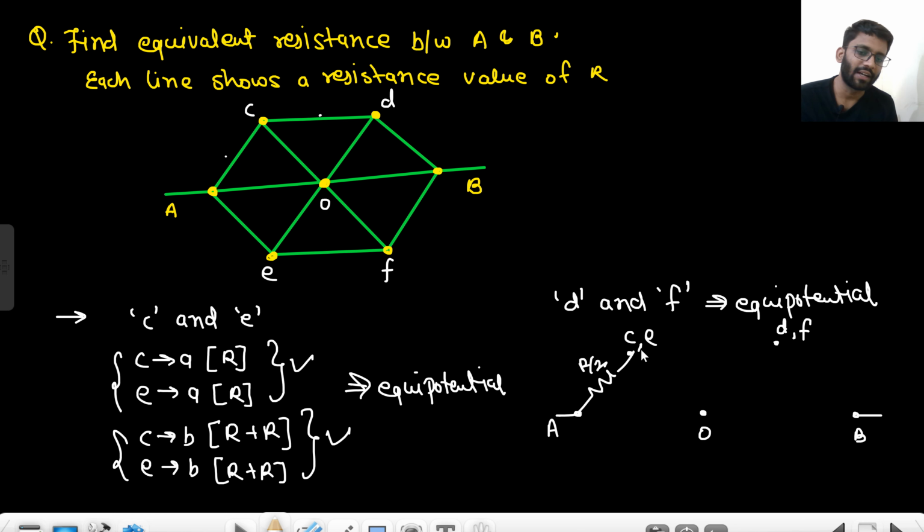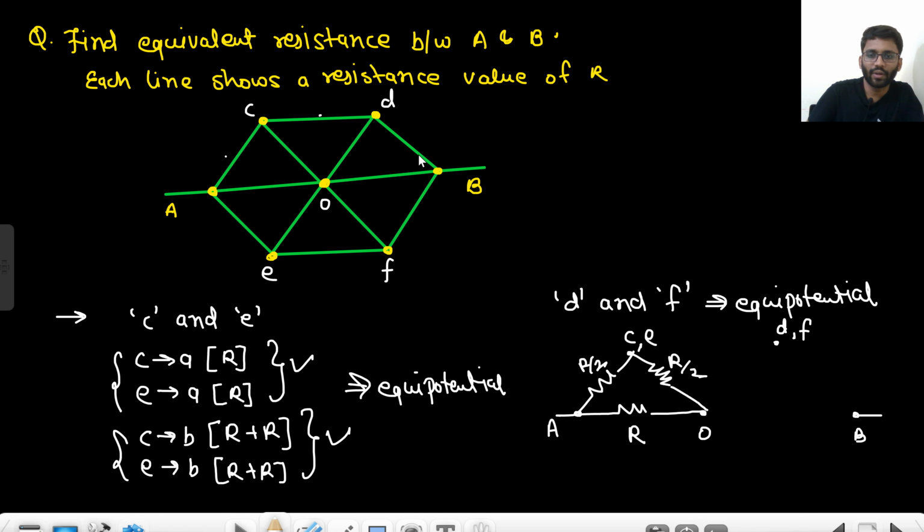Between E and O, we have R resistance. So it will also become R by 2. Between A and O, we have R resistance. Between O and D, we have R resistance. Between O and F, we have R resistance. So this will also become R by 2.